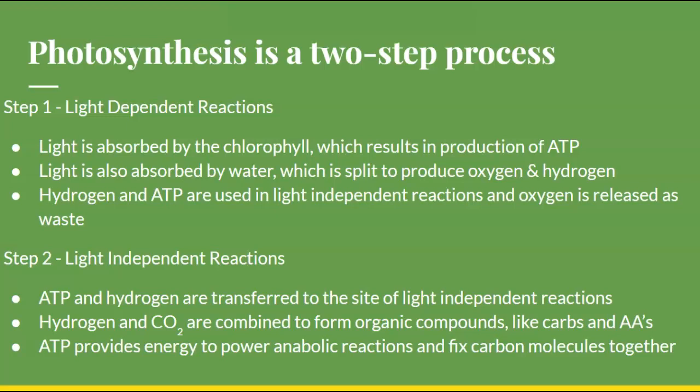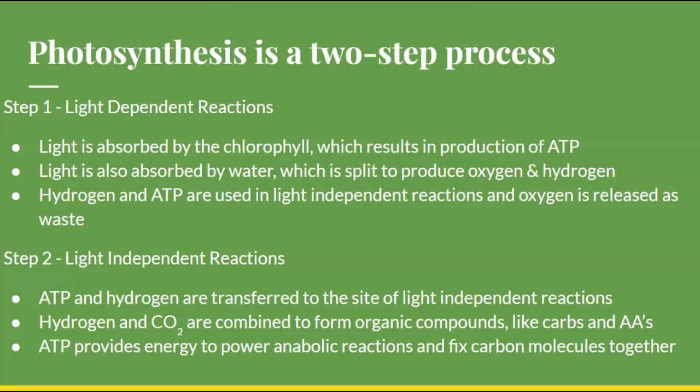And then hydrogen and ATP are used in the step 2 reaction, the light independent reaction, and oxygen is released as a waste product. We know that in photosynthesis, you take in CO2, you take in water, and you take in light, and then the waste products are glucose and oxygen, and this is where one of the waste products is formed. Oxygen is released as a waste product in the light-dependent reaction.